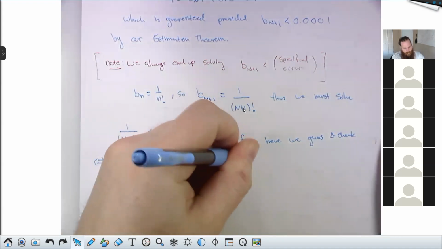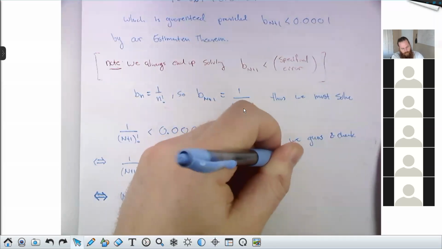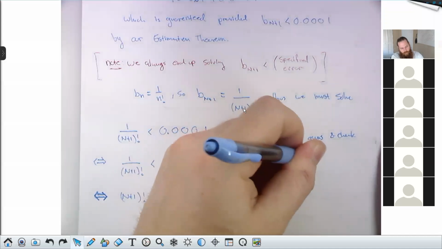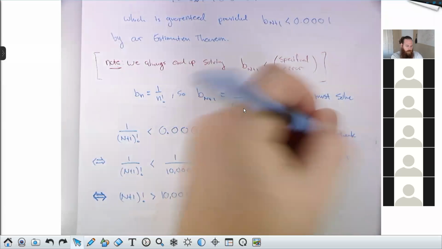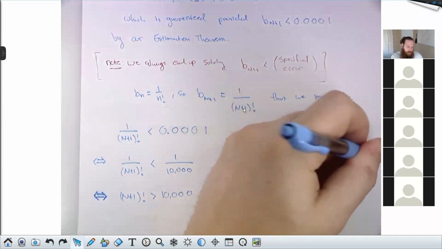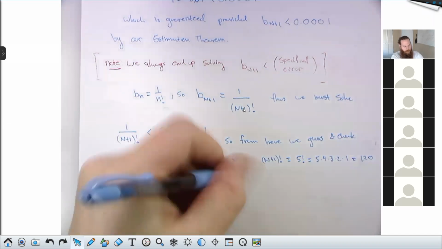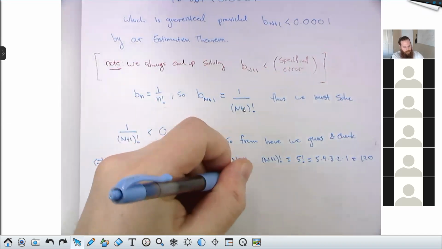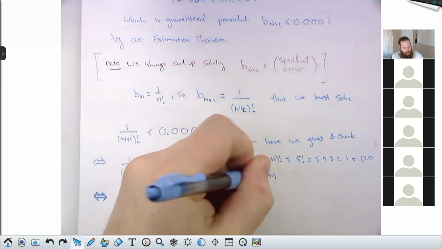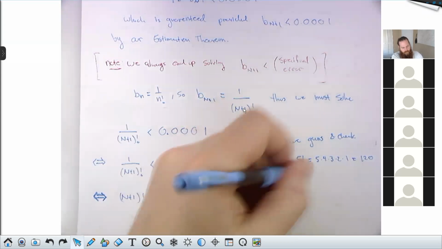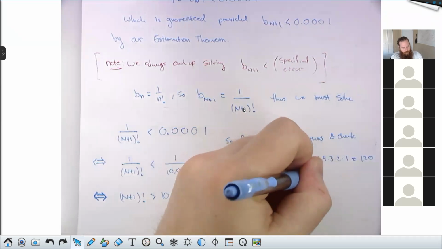When n is 4, n plus 1 factorial is 5 factorial. That's 5 times 4 times 3 times 2 times 1. That's 120. When n is 5, n plus 1 factorial is 6 factorial, is 6 times 5 times 4 times 3 times 2 times 1.